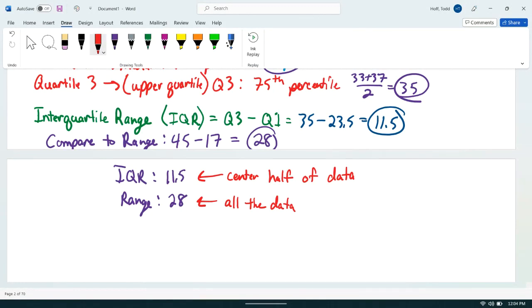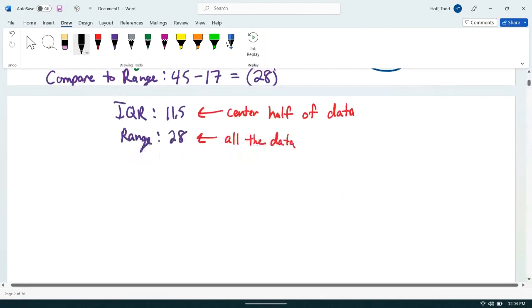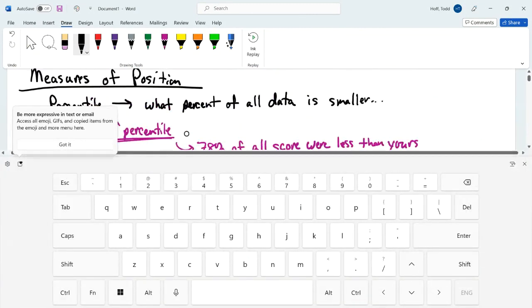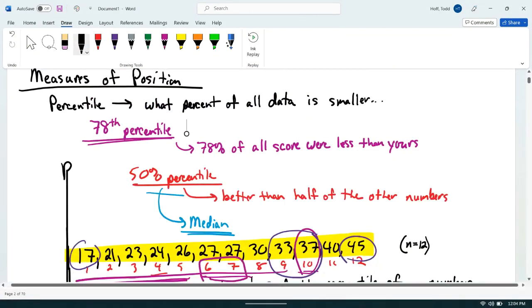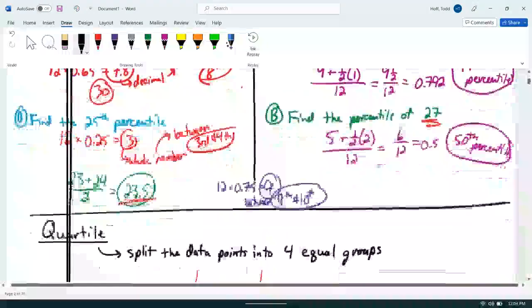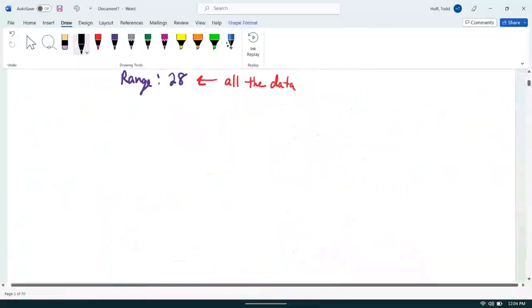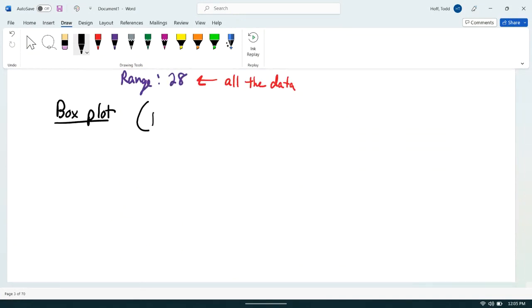And so there's a tool we use called a box plot. Some textbooks refer to it as a box and whisker plot.